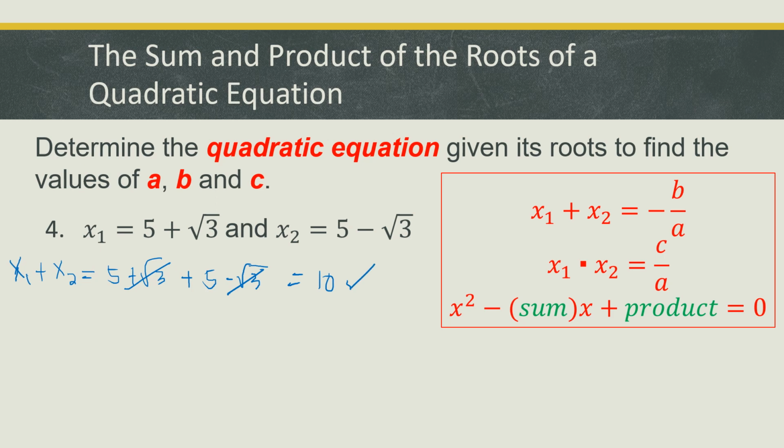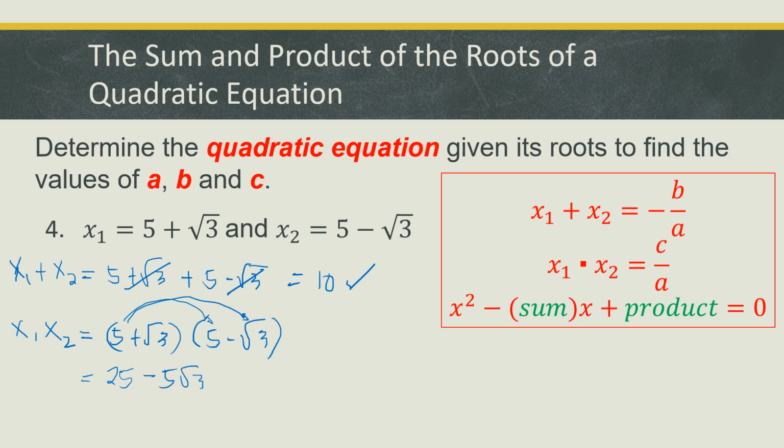How about the product? X sub 1 times x sub 2. X sub 1 is 5 plus square root of 3 multiplied by 5 minus square root of 3. So, since it is a binomial, we need to use the FOIL method. So, first, 5 times 5, 25. 5 times negative square root of 3 is negative 5 square root of 3.